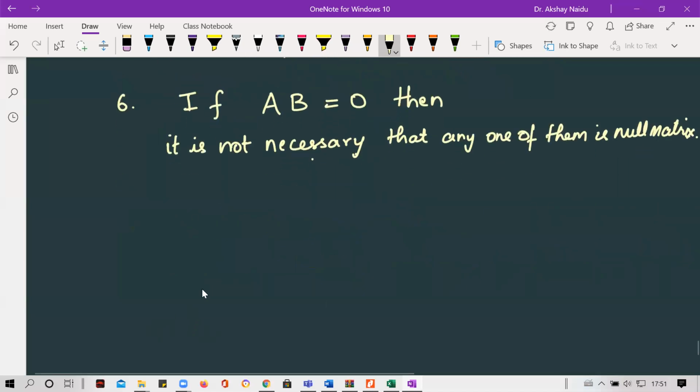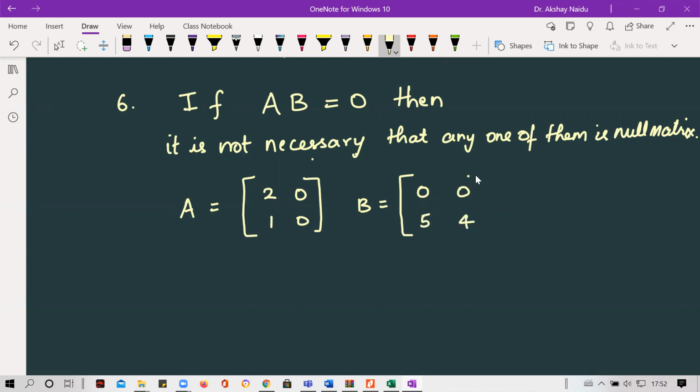We will take an example. Say A is 2 1 0 0, and B is 2 0 0 1 0 0.